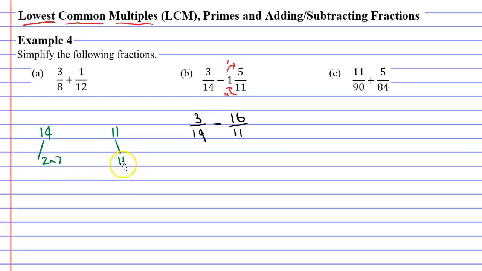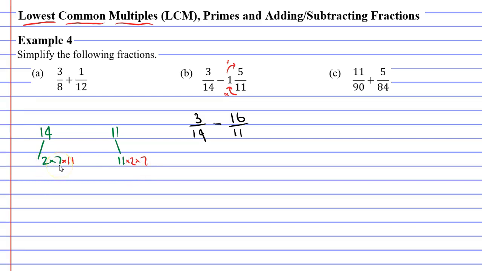Over this side we have an 11, but we don't on this side, so I need to multiply this by 11. On the right hand side we have an 11, but not a 7 or a 2. So we need to multiply by both a 2 and a 7 so that we have the same set of prime factors. These numbers are now both the same.